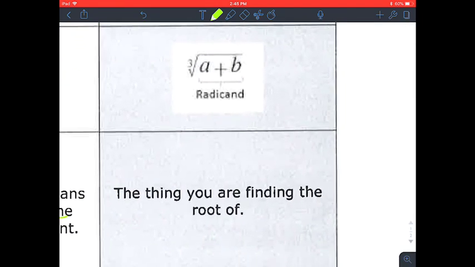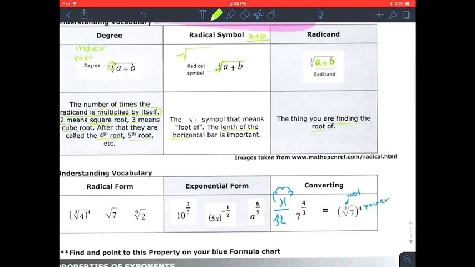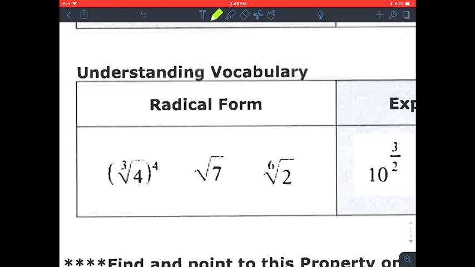Now the radicand is everything that's underneath it. So for this little one, it'd be a plus b is my actual radicand. That is the thing that you're actually finding the root of. So we're going to look at converting between the two. We're going to look at some things that are going to be in radical form, where you have the actual radical symbol and some numbers in the degree, a number in the radicand, and even a number for a power on it.